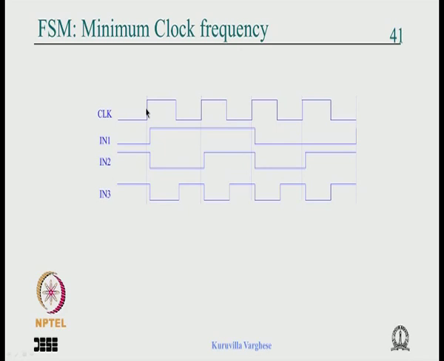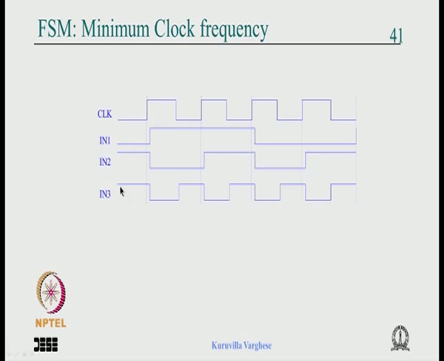It is working on the positive clock edge, and when the clock comes, say in1 is 0, at the next clock in1 has changed, no problem, it is detected within a clock period. Again it is still 1, no problem, it has gone to 0, that is detected. Take in2: when the clock came, in2 was high, it is detected, then it went low, and this change is detected.